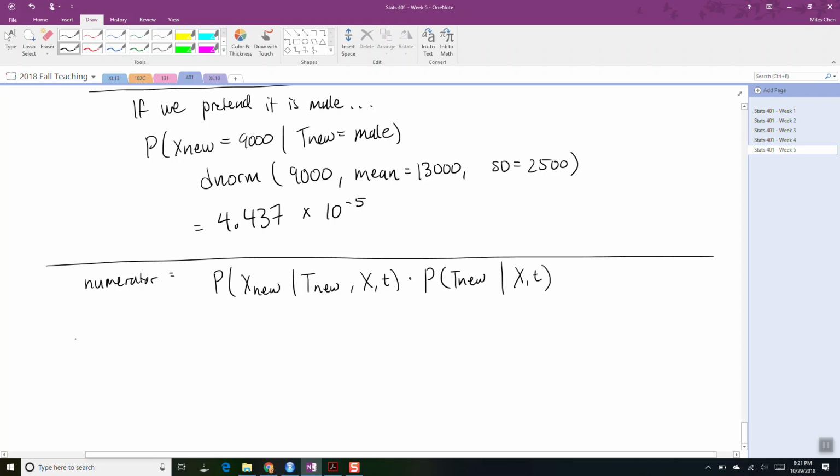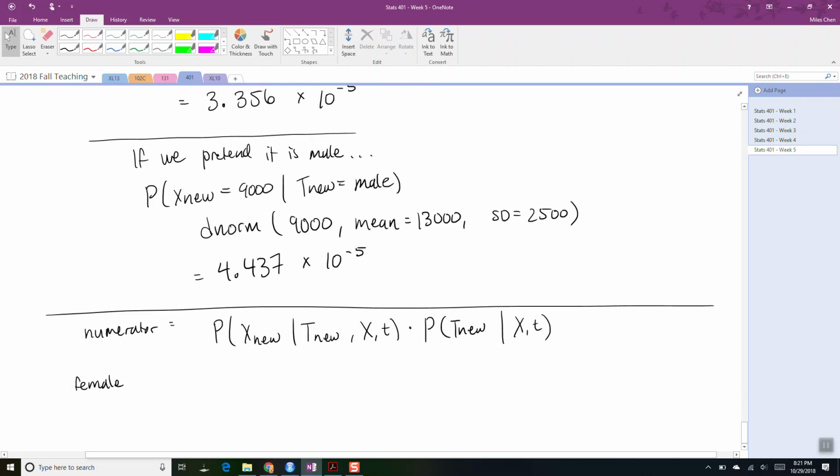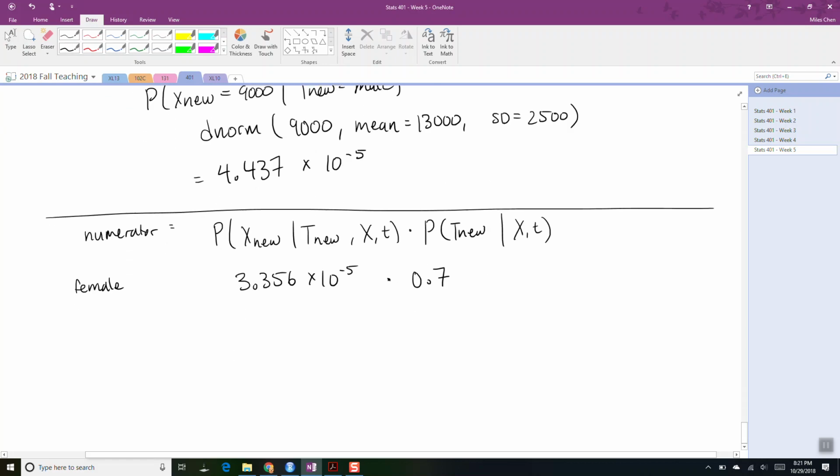All right, so we'll do it for the female. We have 3.356 times 10 to the minus 5 multiplied by 0.7, which gives me something, okay? And then for the male, we have 4.437 times 10 to the minus 5 times 0.3, okay? And this gives me something.